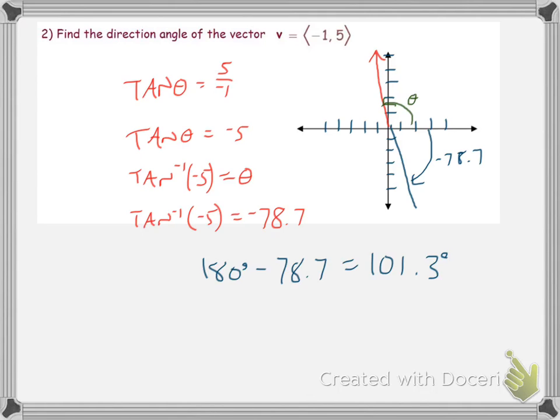And that's what theta is equal to. So you have to draw it out and see, depending on what quadrant the angle is, the calculator is only going to give you an angle in quadrant 1 or a negative angle in quadrant 4. So you may have to finagle it a little bit and figure out what the actual angle of the vector that you're trying to find is.